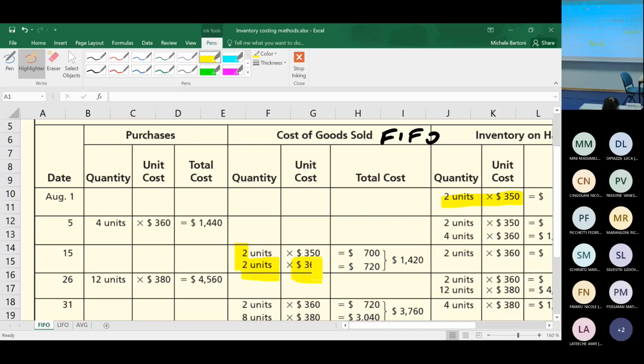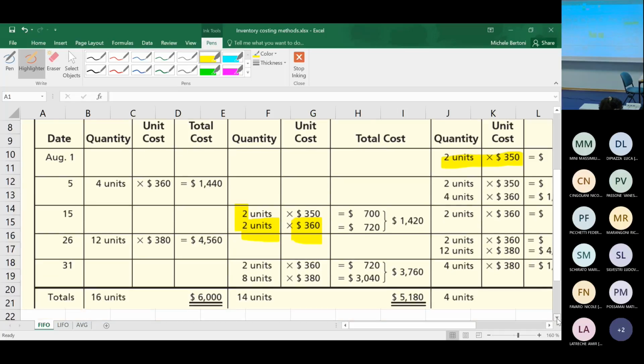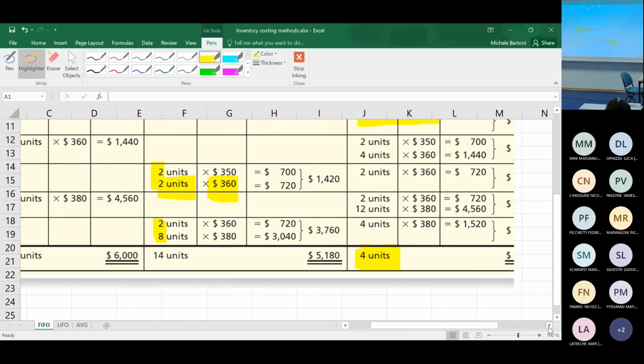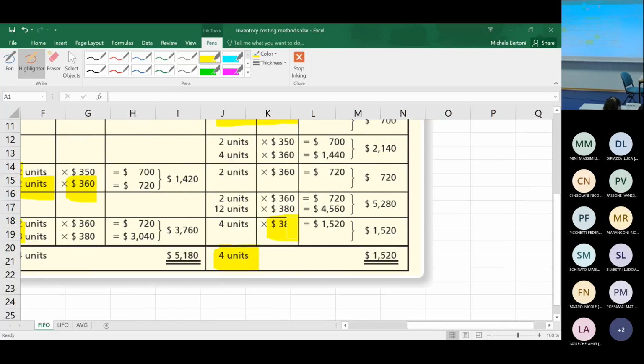Then we have another purchase of 12 units, and then we sell 10 units, which are once again the oldest: 2 units at 360 and 8 units at 380. At the end, we have 4 units, and those 4 units will be based on the newest value, because under FIFO all the ending inventory will be based on the newest units.